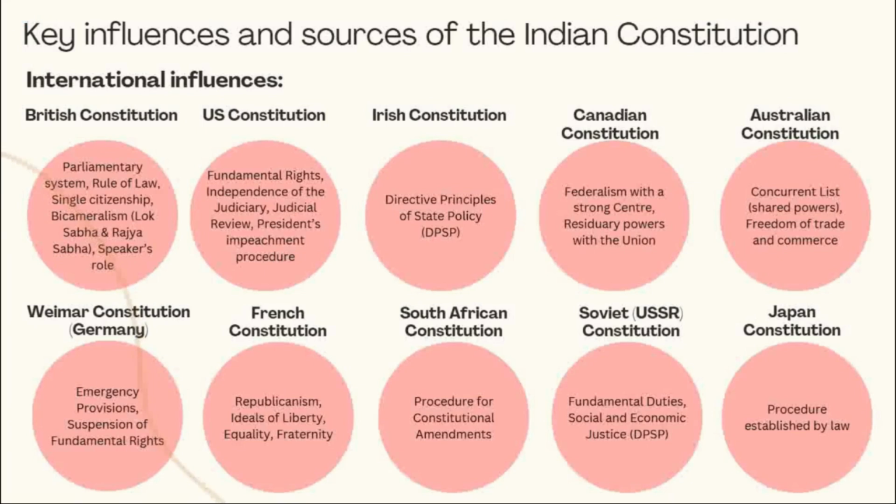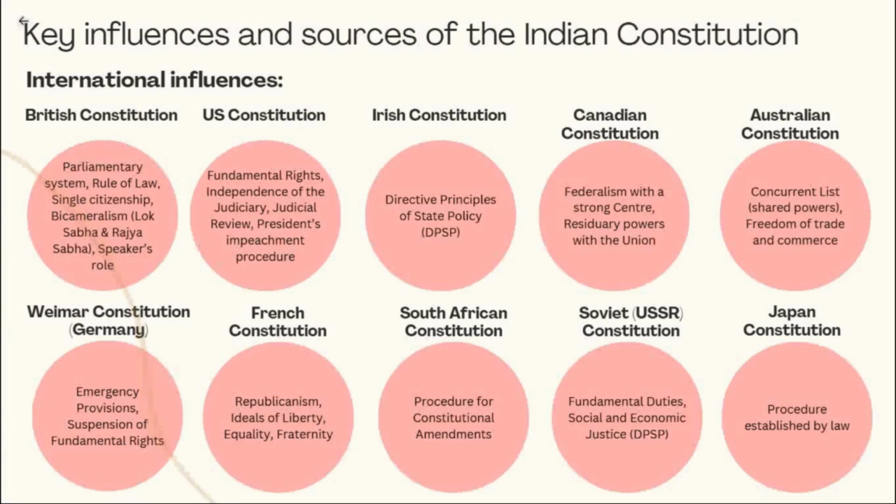Emergency provisions and suspension of fundamental rights were taken from the Weimar Constitution of Germany. The French Constitution provided references to republicanism and the ideals of liberty, equality, and fraternity.